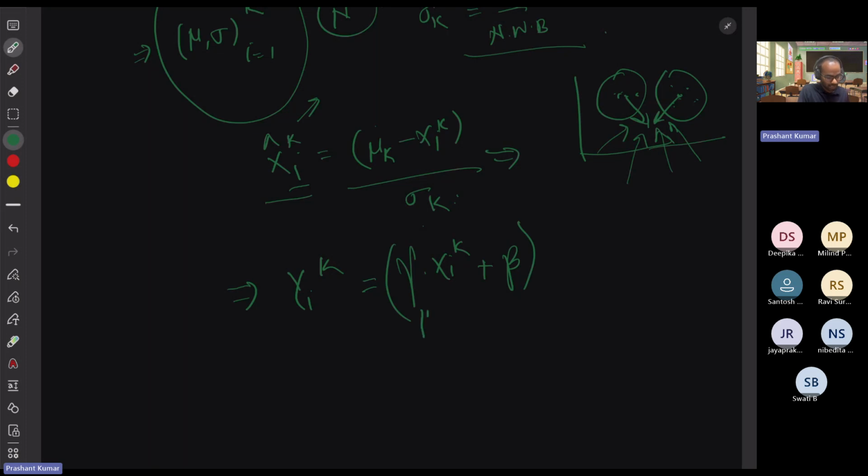And we are saying that we don't know the value of gamma and beta. So basically, these are the trainable quantities. These are the parameters.